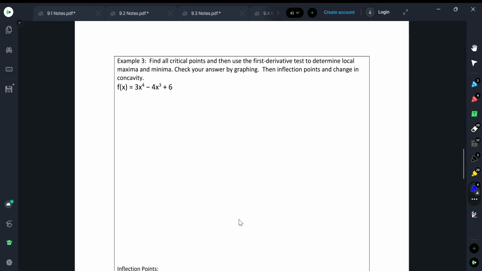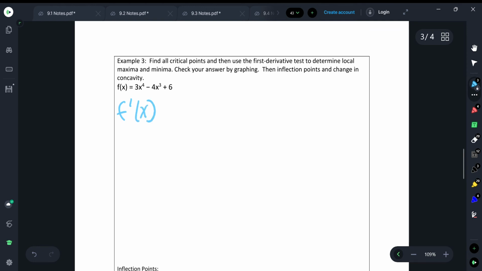All right, cool. So let's literally take the first derivative, which is going to be 12x to the third minus 12x squared. What are we going to do? We're going to set that equal to 0 because that's when it changes direction. We're going to factor this out.